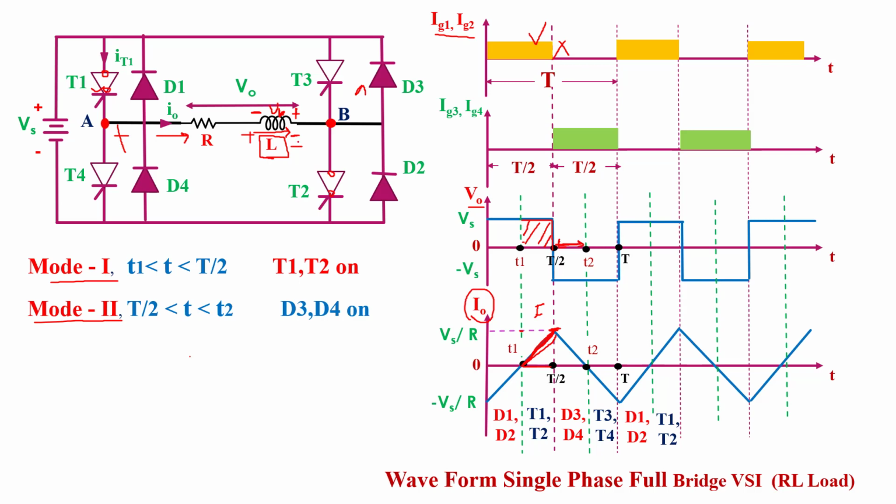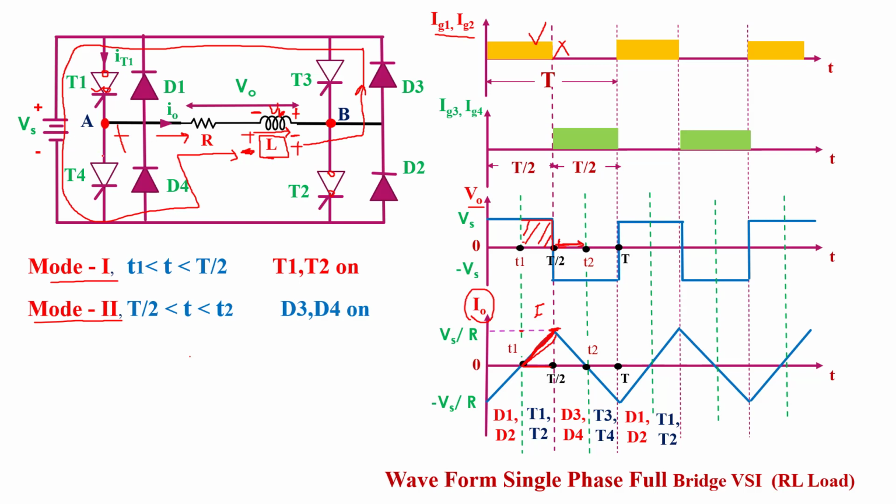This terminal is positive this time, this terminal is negative, and current always flows from positive toward negative. So the current flows from the load through the D3 diode. The D3 diode is conducting this time. Then the supply voltage Vs, the D4 diode, and back to the load. Current flows from positive toward negative, and follows this path. Therefore, this time the energy stored by the inductor is fed back to the supply voltage Vs.